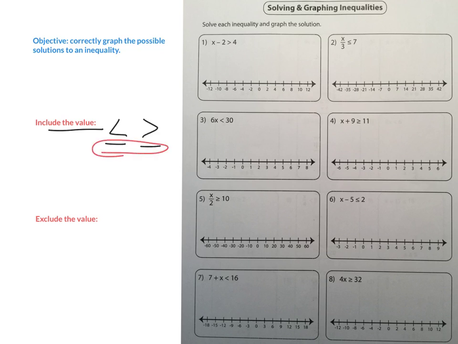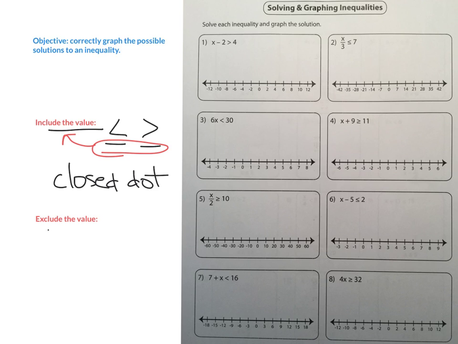This equal to part is what's showing you that you do want to include that value of your possible solution for your variable. So in order to show that on a graph, you are going to use what we just call a closed dot. The closed dot is showing you're including that number.